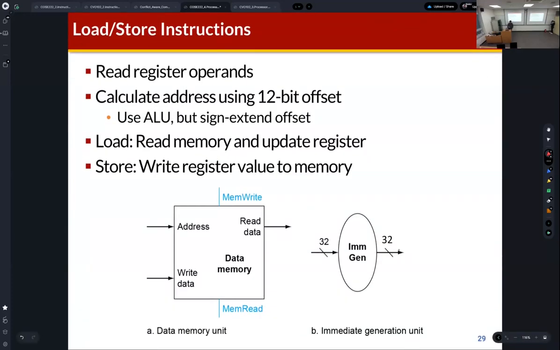So let's think about the load and store instructions, like load word x1, immediate x2. Let's see the example.